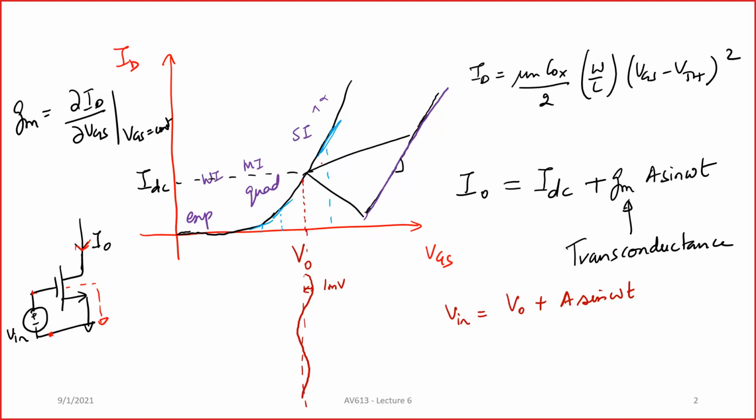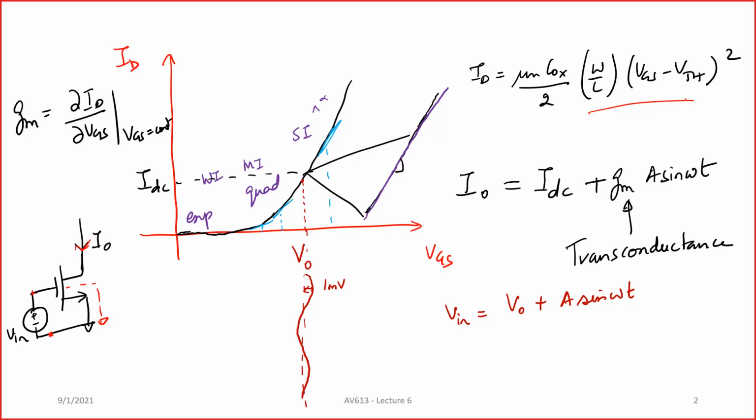In fact, this is a quadratic equation, the square law equation, which is not very much valid, but you can express this as a polynomial. Once you express it as a polynomial, you have the second order, third order, fourth order, fifth order components and so on, and you define harmonic distortion. Typically in analog circuits, you drive it to such a point till your THD is tolerable. Depending on the application, your tolerable THD will be different. Okay, sir. Got it.